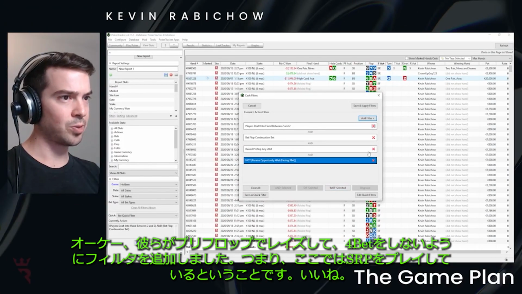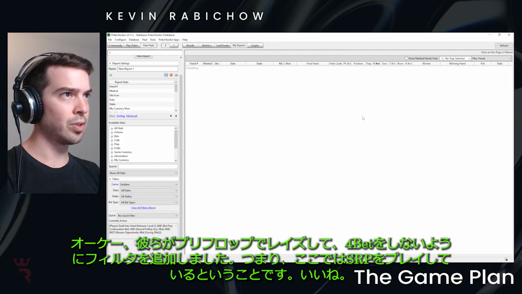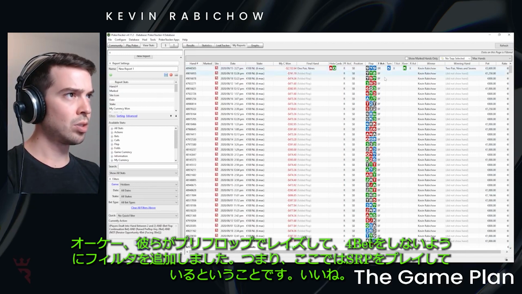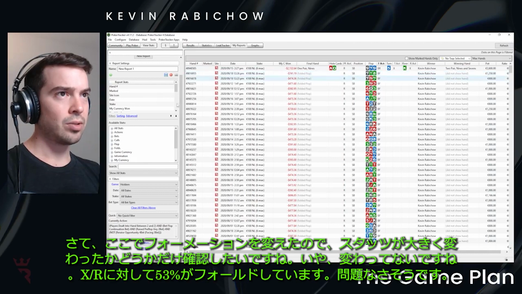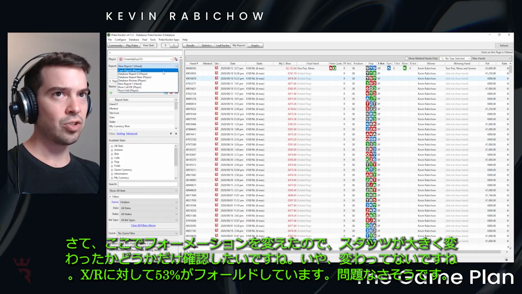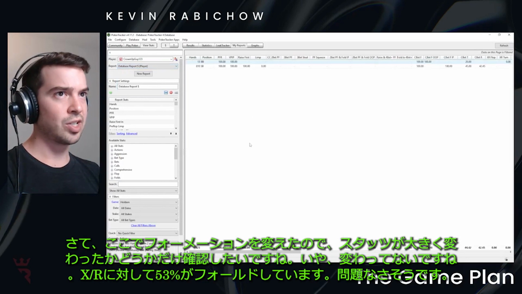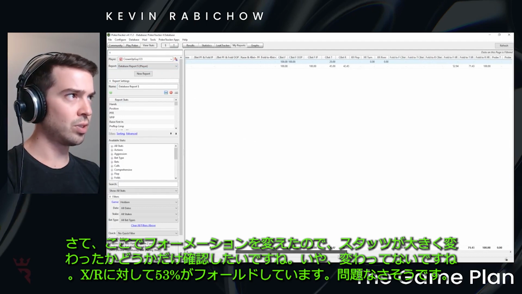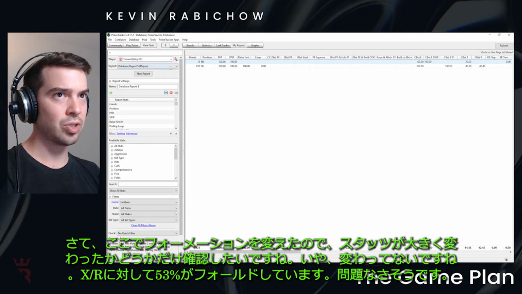Okay, I just added some filters to have them raise preflop and not get 4-bet. So that means we're playing single raised pots here. Good. Because I changed the filter, I want to see if the stat changed significantly. No, it did not. We're still seeing 53% fold to check-raise, which is good.